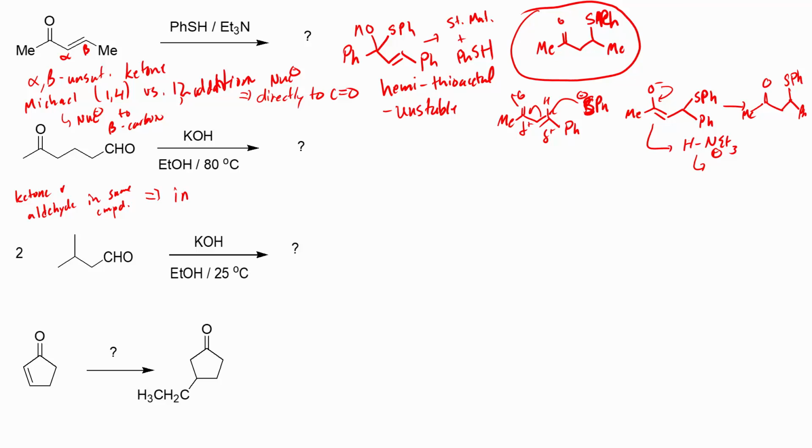What we should suspect here is that we have an intramolecular aldol condensation. So let's draw in all the hydrogens that could be in play here. These are our alpha hydrogens.